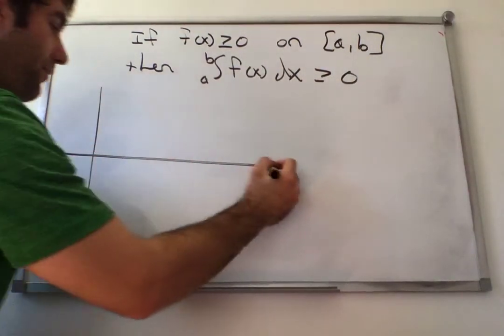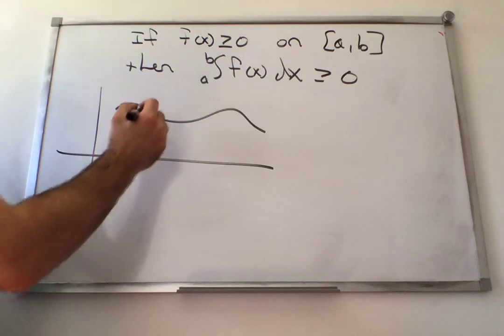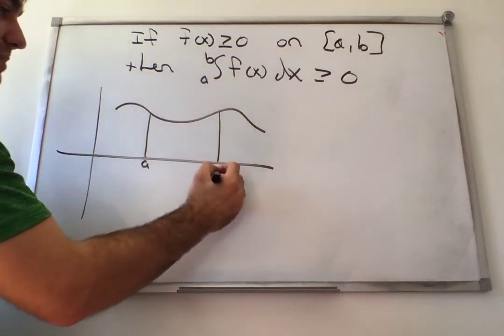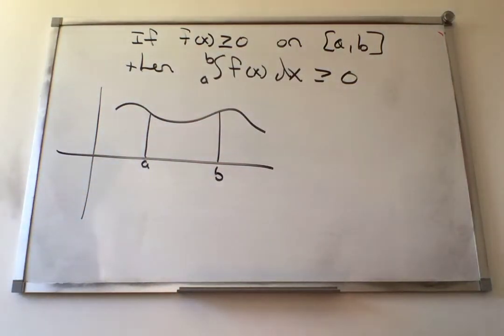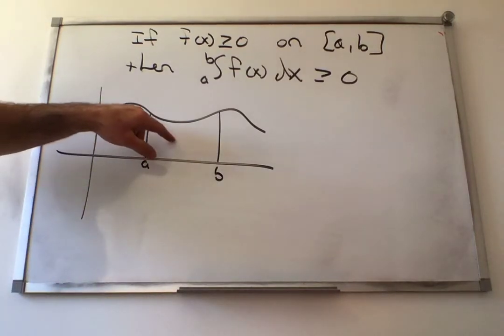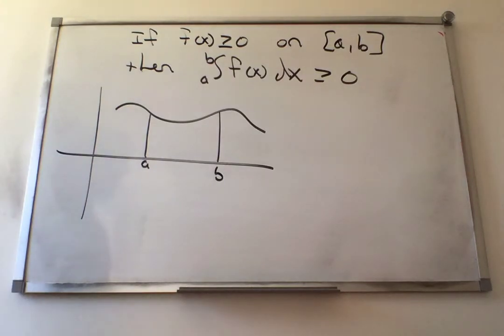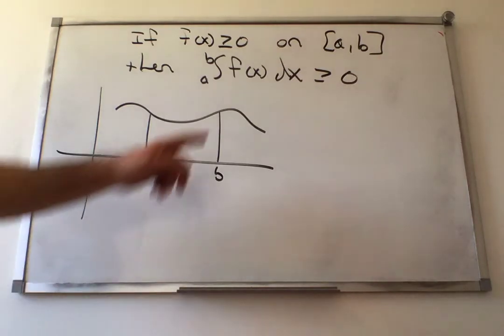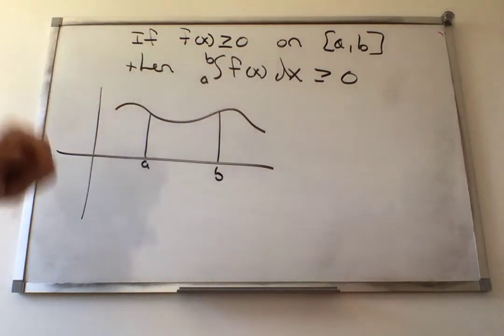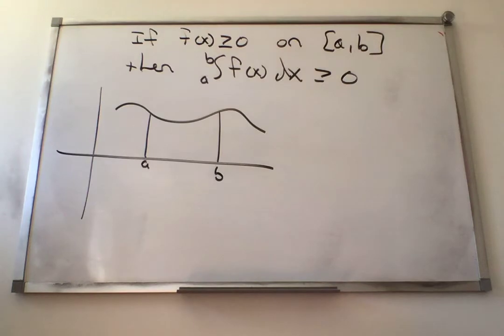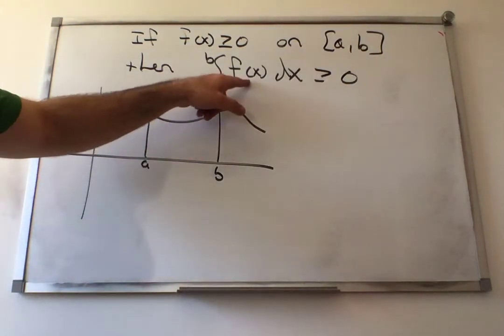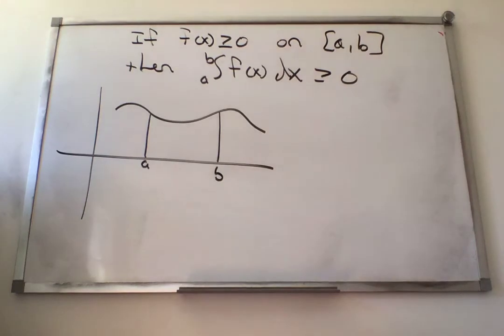So if I just have some function going from a to b, well, if you recall what we just explained about positive and negative areas, when I find the areas of all these little rectangles, the function values, their heights, are all going to be positive numbers. Since they are all positive numbers, I'm adding up a bunch of positive numbers. That's what the integral does. It adds up a bunch of areas. Adding up a bunch of positive numbers, I definitely should be greater than 0.